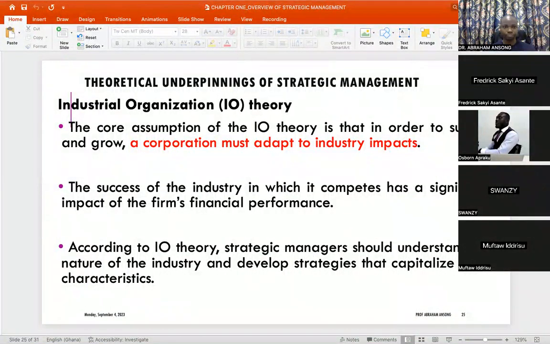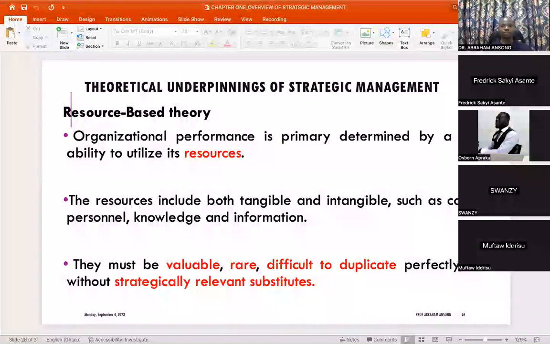All right. The second theory is known as the resource-based view or resource-based theory. It supports the idea of strategic managers focusing on the internal environment of a business. What does it say? It argues that organizational performance is primarily determined by a firm's ability to utilize its resources.